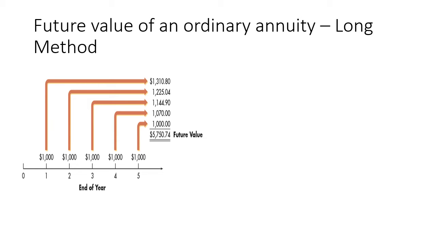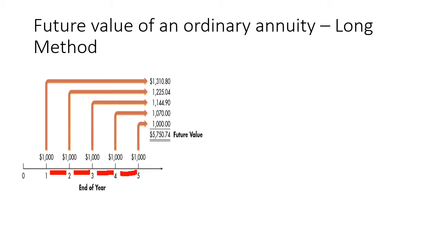So he will deposit the first 1,000 at the end of year 1, which will accumulate over the next four years. Because he deposited at the end of year 1, his first amount will get interest from year 1 to year 2, from year 2 to year 3, from year 3 to year 4, and from year 4 to year 5.